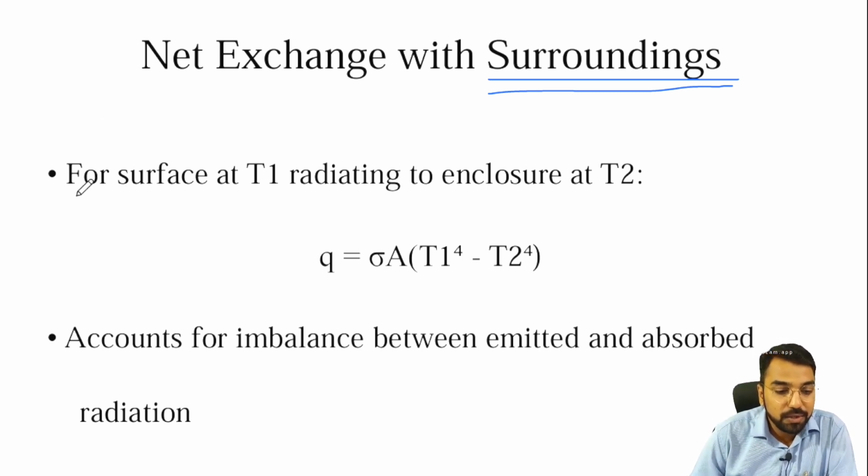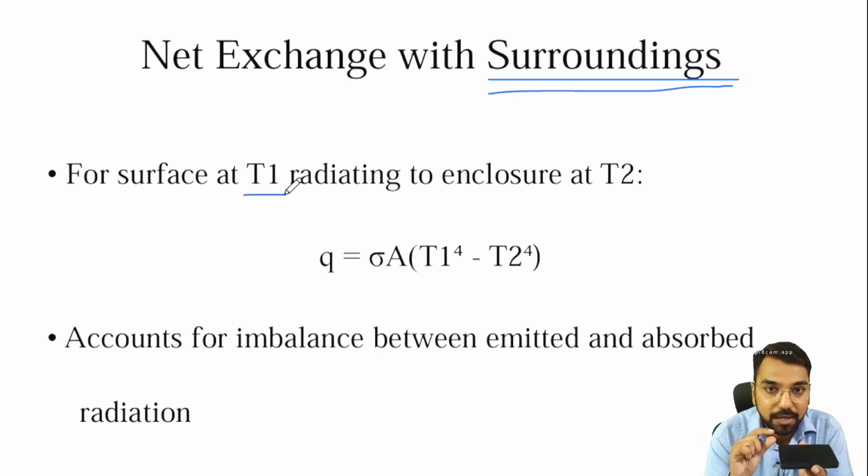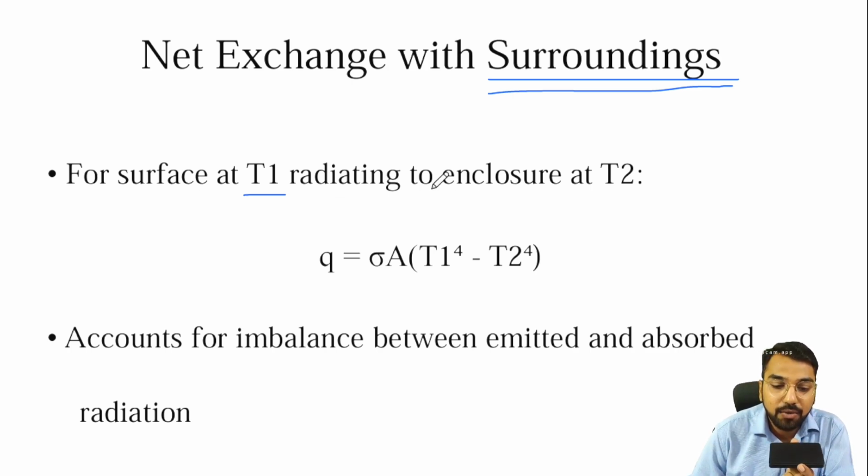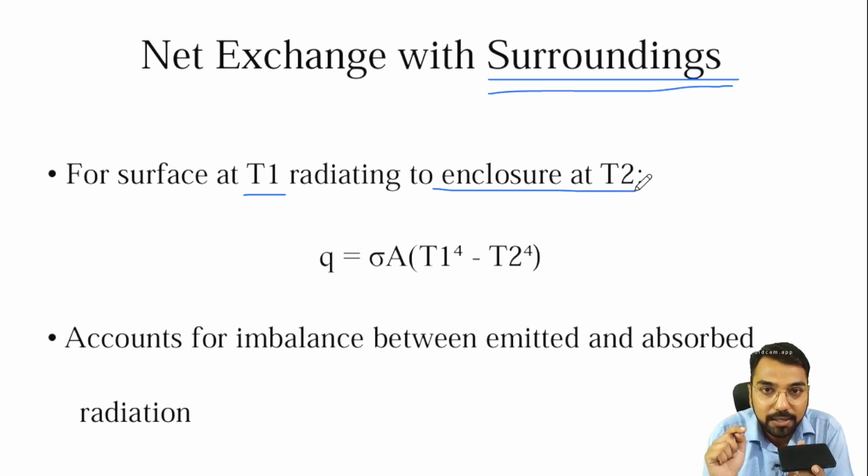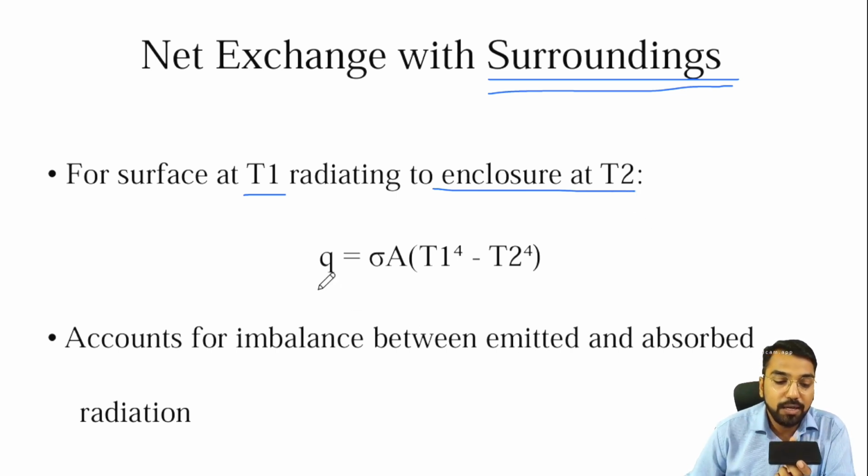For a surface at temperature T1 radiating to an enclosure at temperature T2, meaning the surrounding temperature, the total heat transfer due to radiation from this metal plate to the surrounding is sigma times area, which is the surface area of the metal plate, times T1 raised to 4 minus T2 raised to 4.